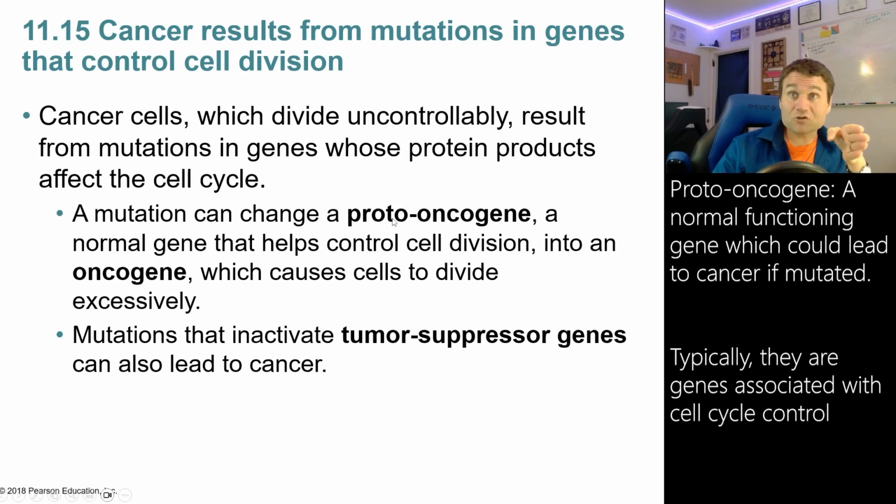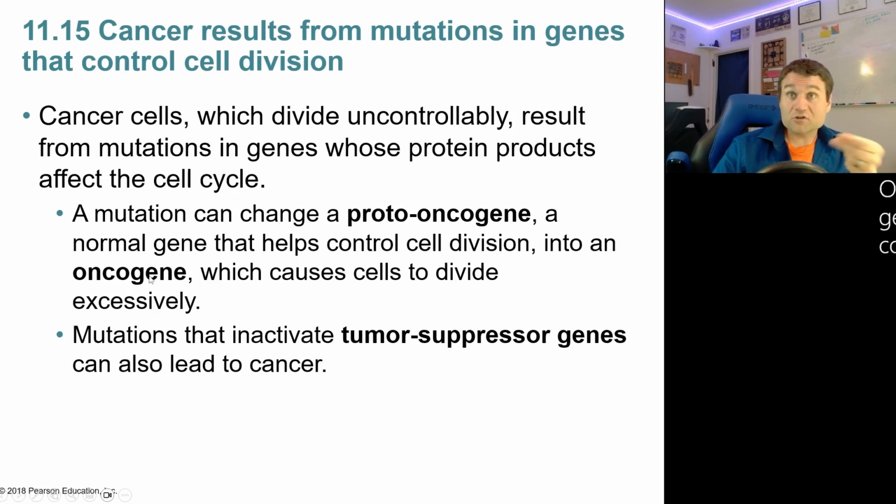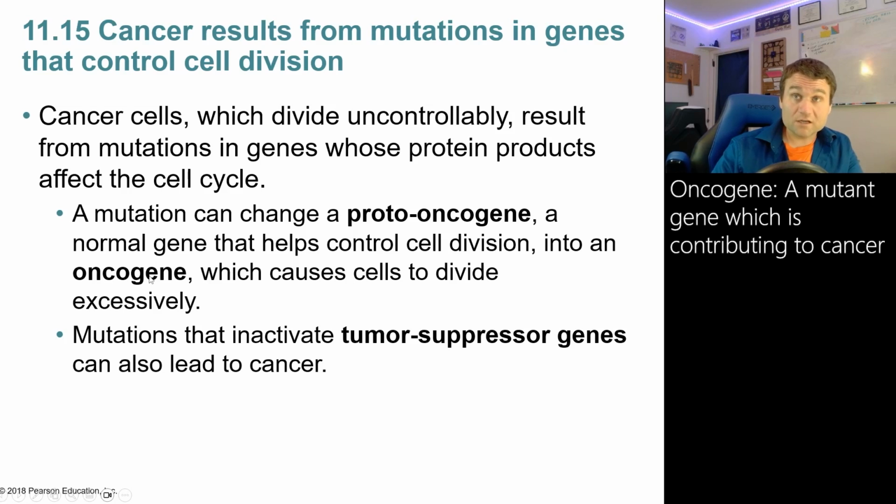Anything that is meant to control the cell cycle, if it mutates, can become what we call an oncogene, which is a cancer-causing gene, a cancer-causing mutation, essentially. So all of the genes which affect the cell cycle could be characterized as proto-oncogenes in this framework, because with a mutation, they can then become a cancer-causing gene, which we call an oncogene.